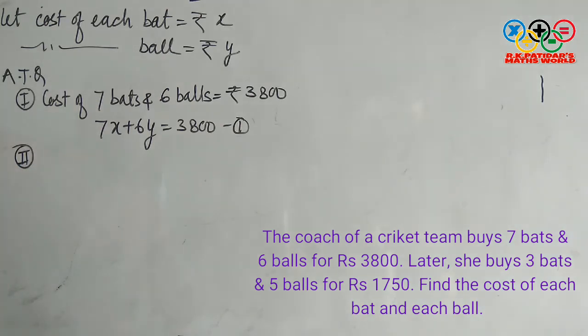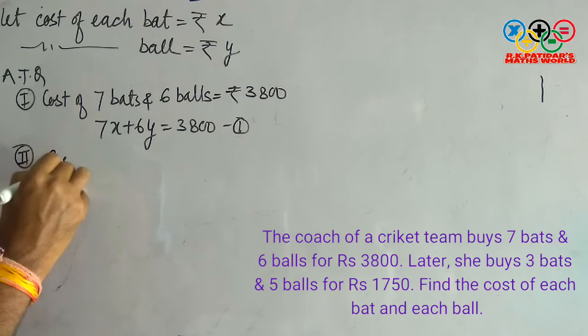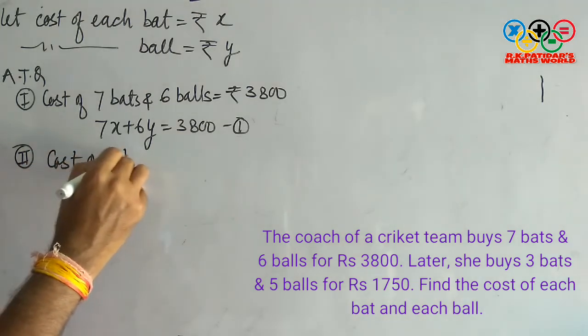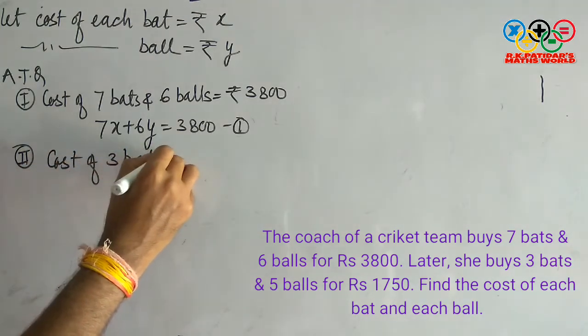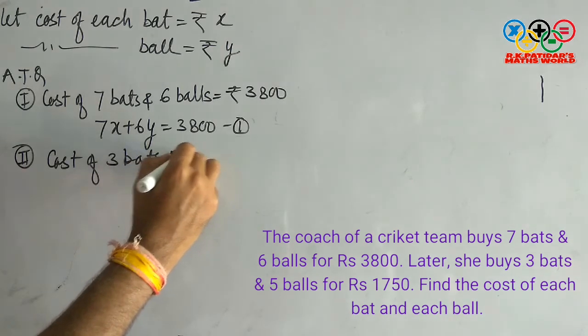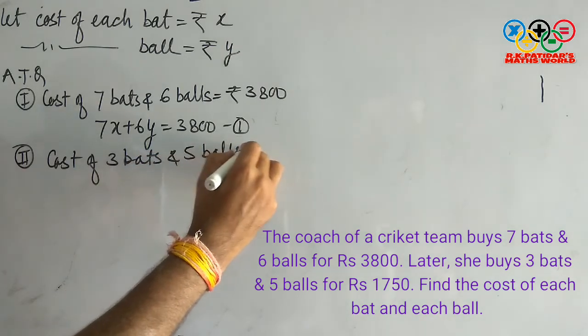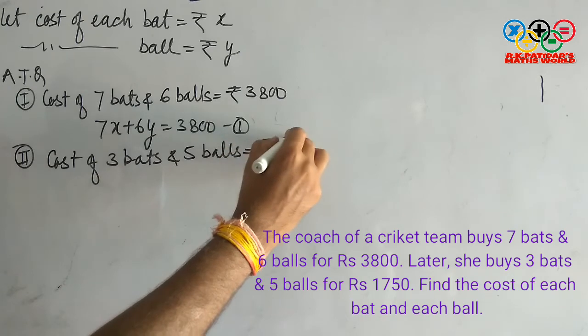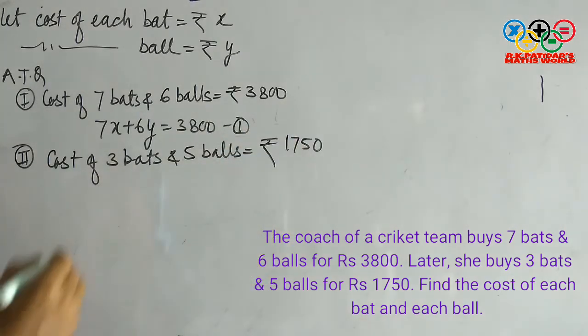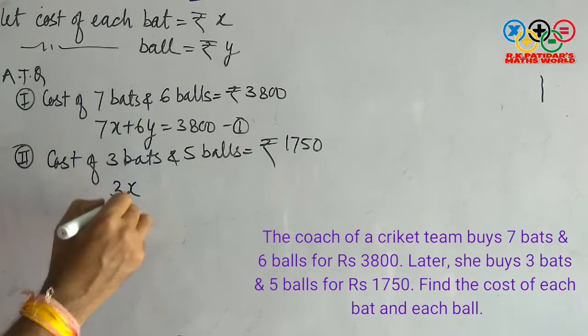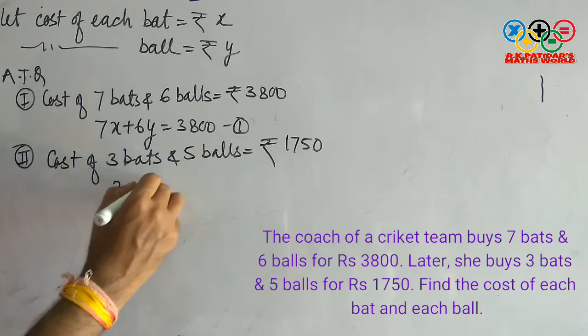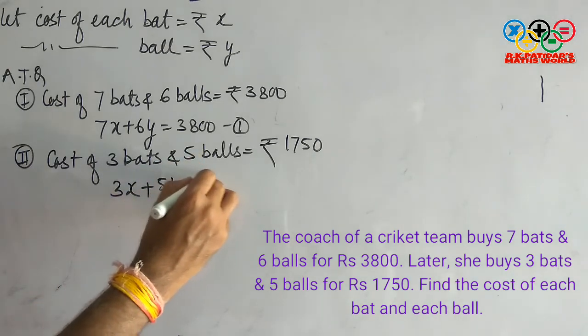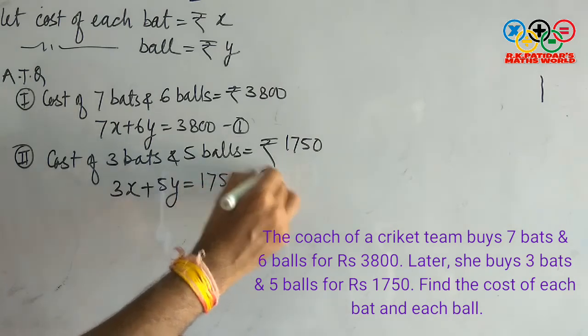Second condition is what? Cost of 3 bats and 5 balls is equal to rupees 1,750. So 3 bats will be 3x, 5 balls will be 5y, is equal to 1,750. Second equation.